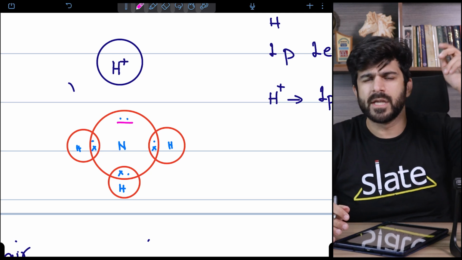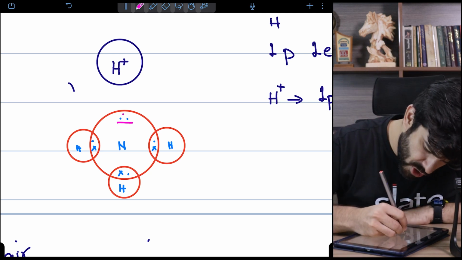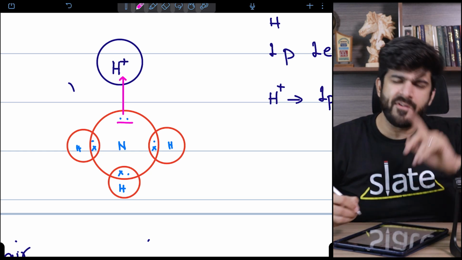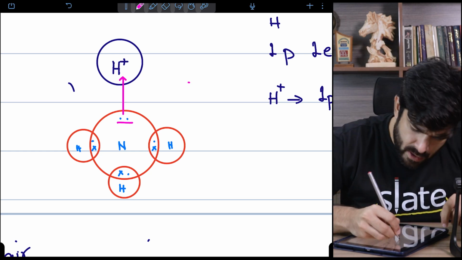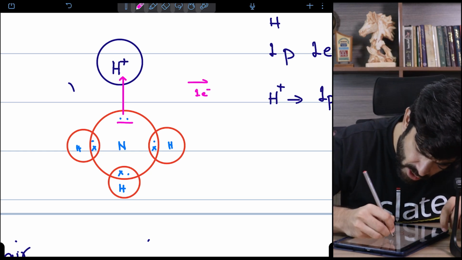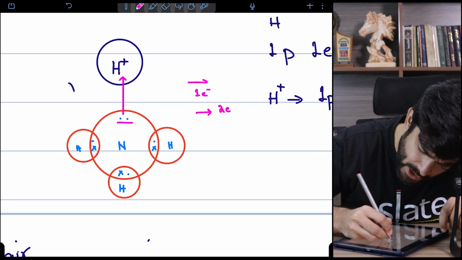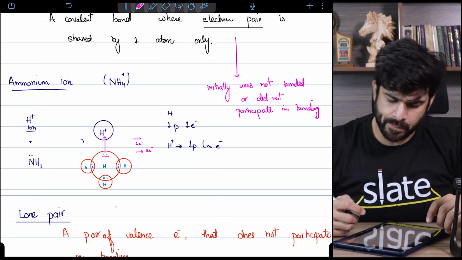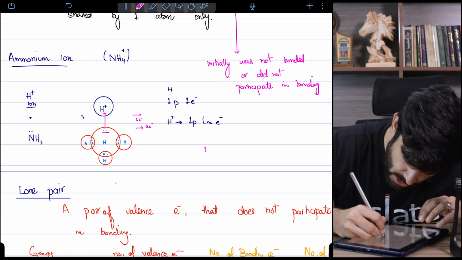We will just transfer it there. And remember, we make a full arrow. Half arrow, 1 electron, full arrow, 2 electrons. So this is what happens in case of ammonium.